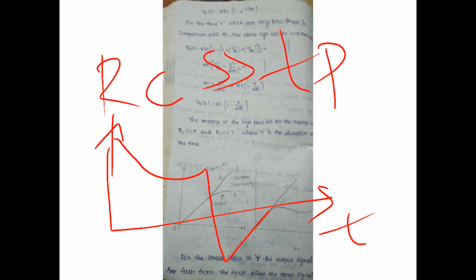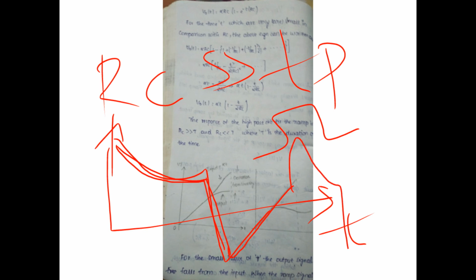When the pulse input is applied to the high pass filter, the capacitor charges and produces an output voltage decreasing exponentially. And again, after reaching some level, it increases and produces the output signal like this.